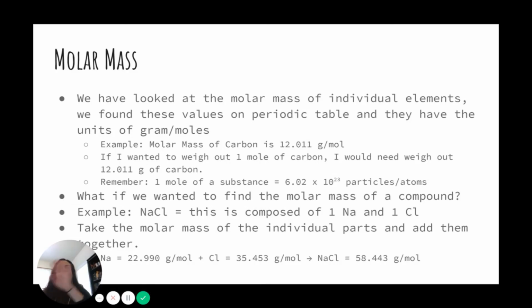And I'm going to add that to the molar mass of 1 chlorine, which is 35.453 grams per mole. And that means that if I had 1 mole of sodium chloride, it would be 58.443 grams per mole. Now again, if I were to ask you how much 1 mole of sodium chloride would weigh, well, we know now, it's 58.443 grams.